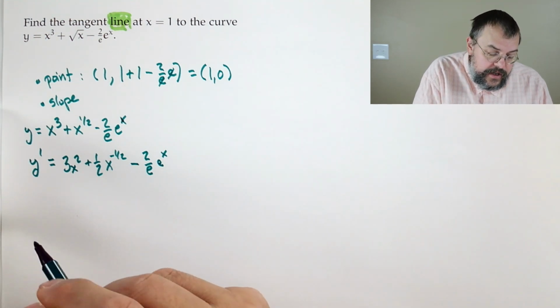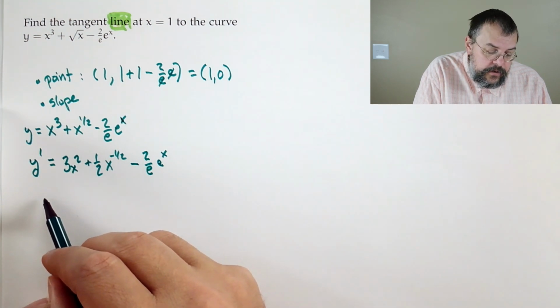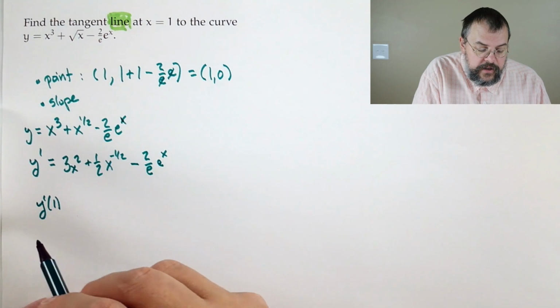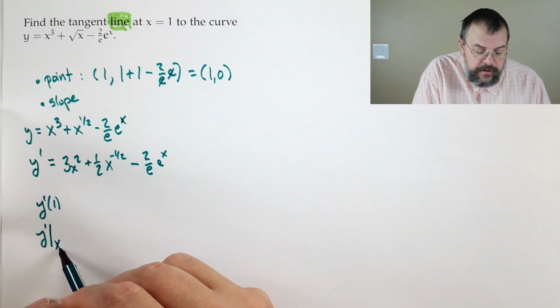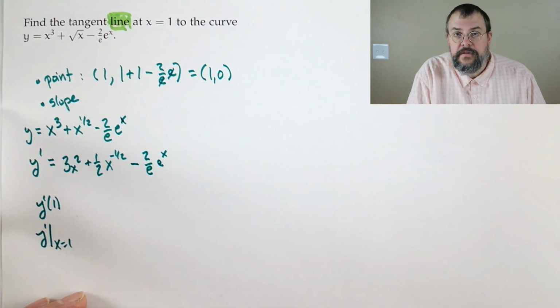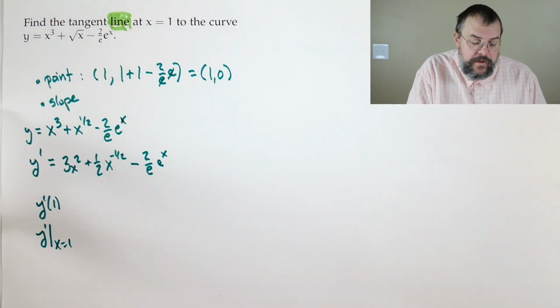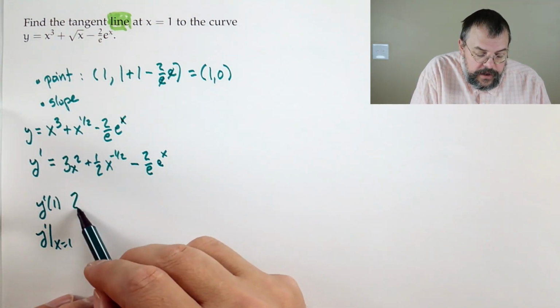There's a couple ways to write that. You just say, y prime of 1. Or you could say y prime at x equals 1. Or you could just plug in and say, now evaluate at 1. Either way, what are we getting?